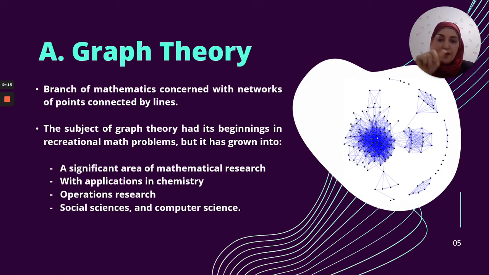The subject of graph theory had its beginnings in recreational math problems, but it has grown into a significant area of mathematical research, with applications in chemistry, operations research, social science, and computer science.